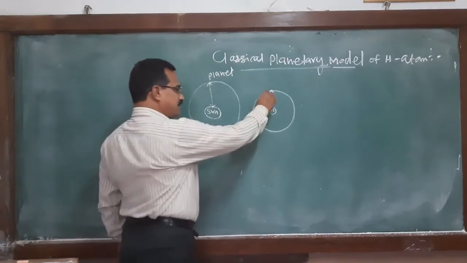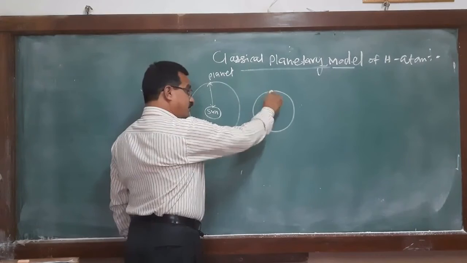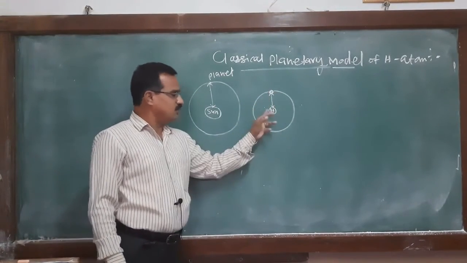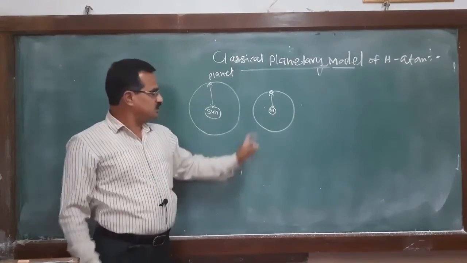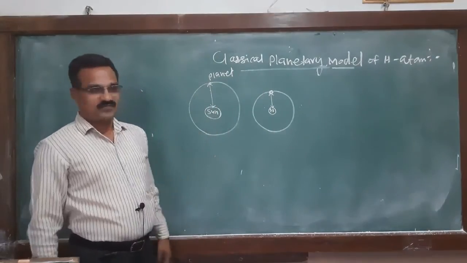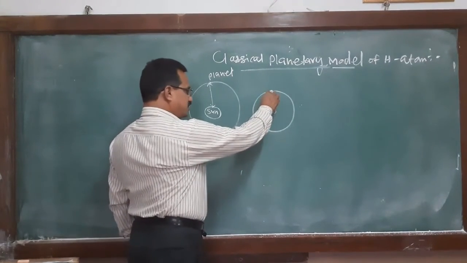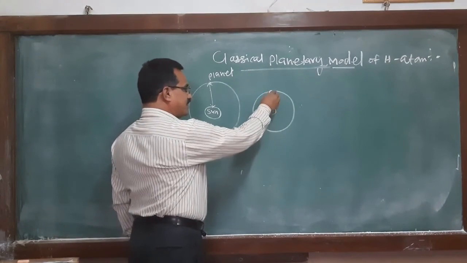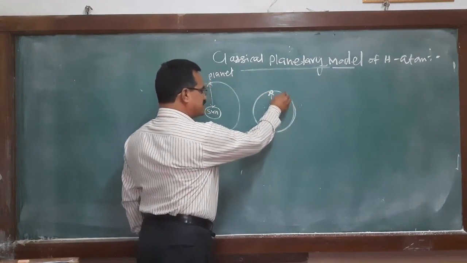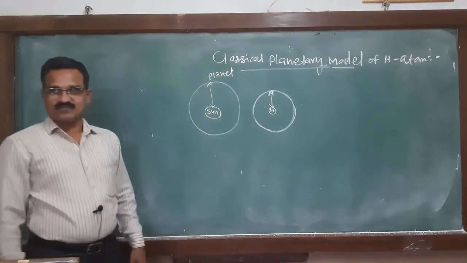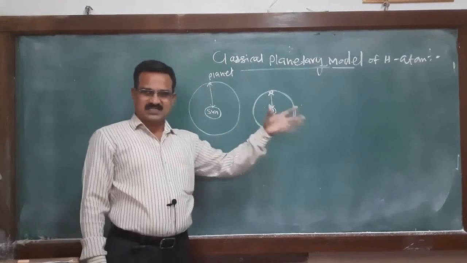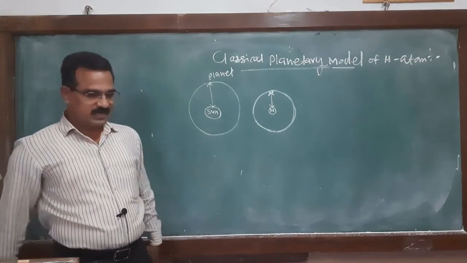In a similar manner, the electron revolves around the nucleus due to the electrostatic force of attraction between the electron and nucleus. Due to this electrostatic force, the electron is revolving around the nucleus in a circular orbit. This is simple, that is the planetary model concept. This is the similarity.